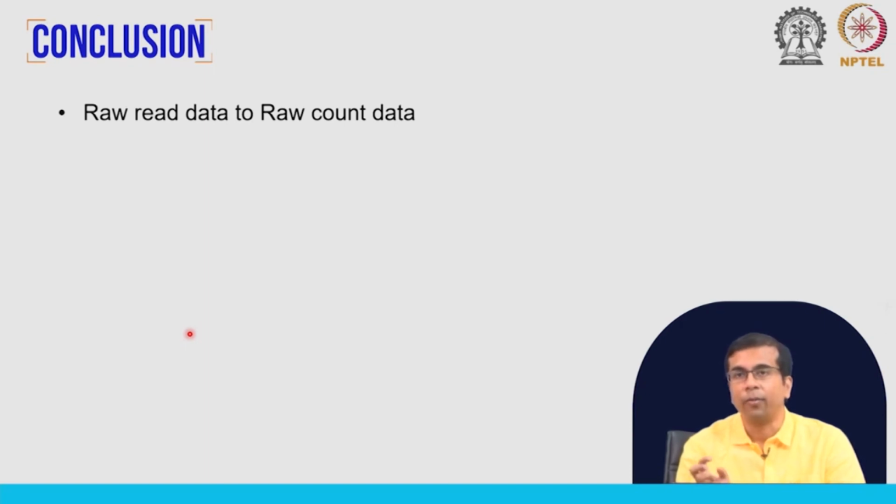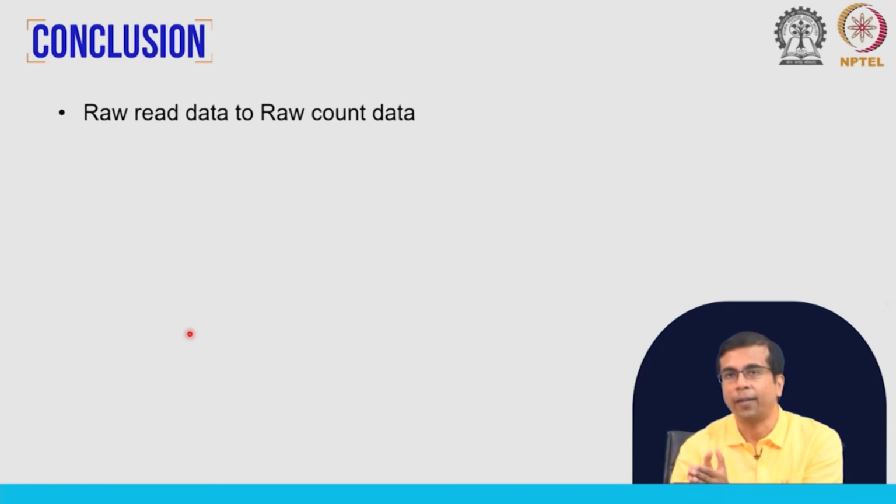Of course, you cannot take this count data immediately as the expression level, because there are a lot of biases in the data that we need to account for before we can actually compare expression levels. We will talk about these biases in the next class, and you will understand how we go from the raw count data to the actual expression level.